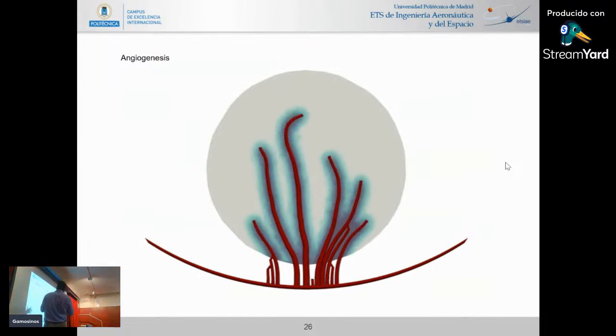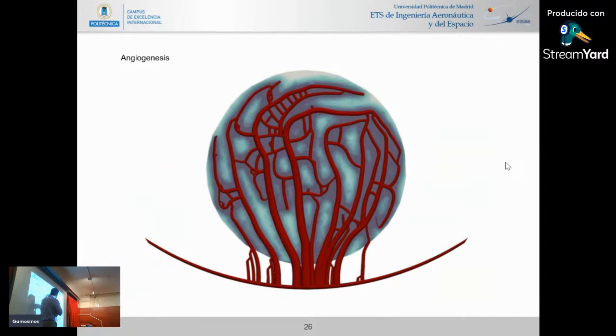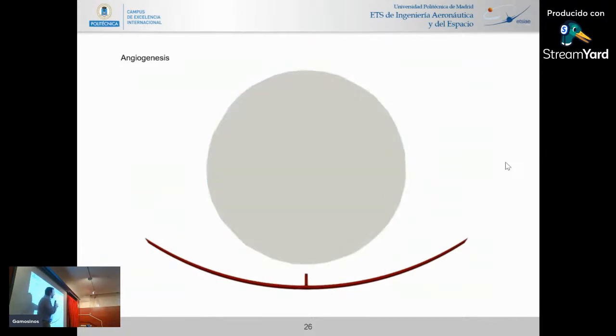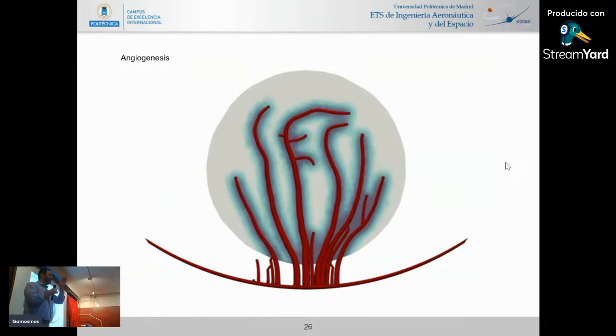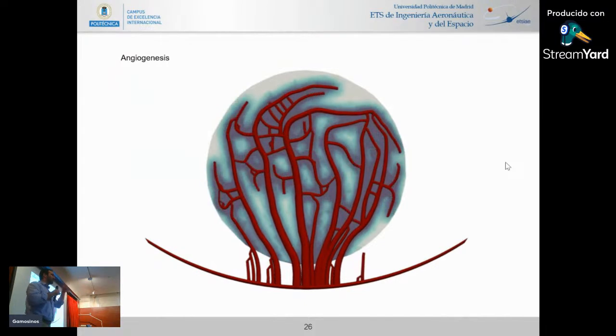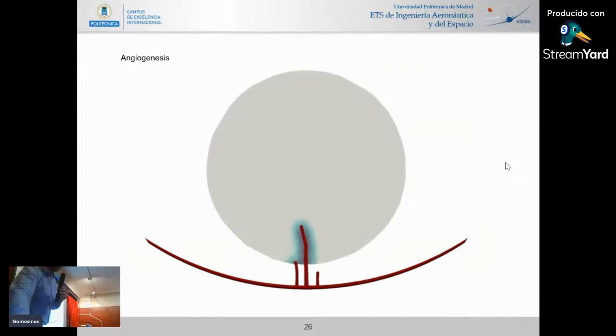And this is angiogenesis. This is a very, very simple model of vessel growing, and it runs very fast because it's very simple. So the vessel just takes a decision and goes according to the gradient of oxygen in this case.